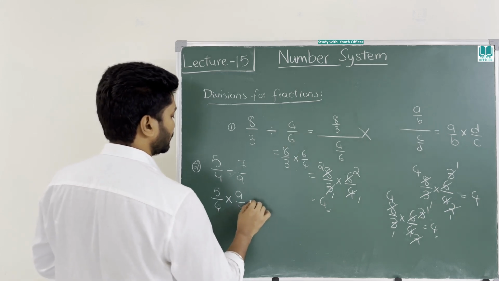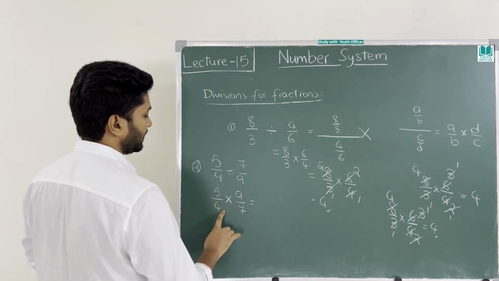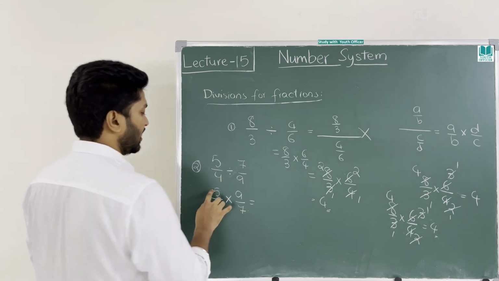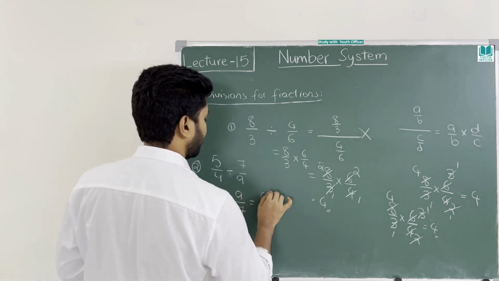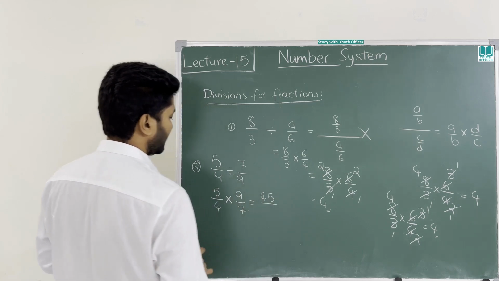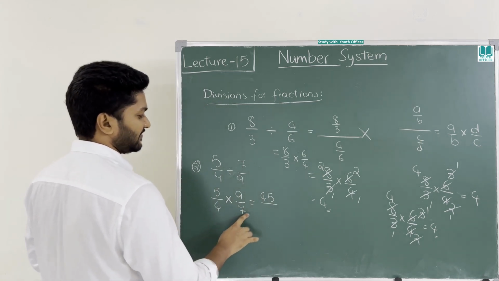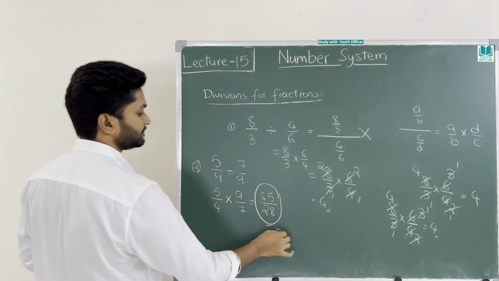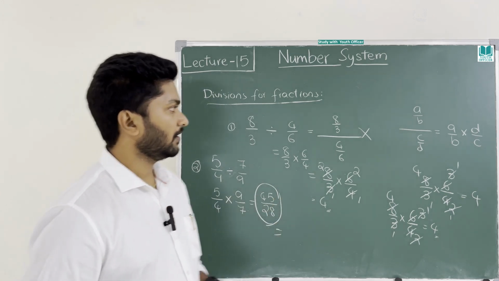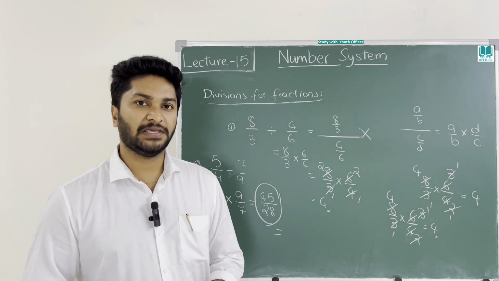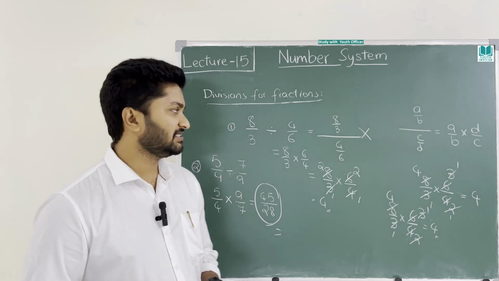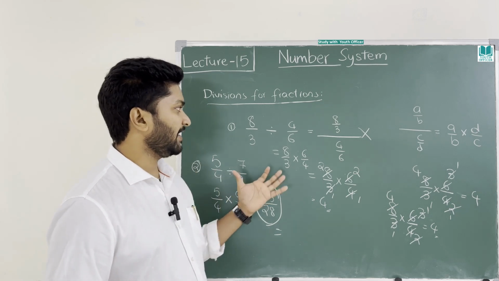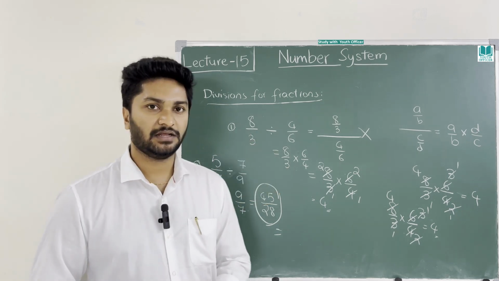After this, what do you do? You multiply the numerators, you multiply the denominators separately. 5 nines are 45 divided by 4 sevens are 28. This is the final answer. Hope you are comfortable with these divisions now. This is how basic fraction divisions can be done.